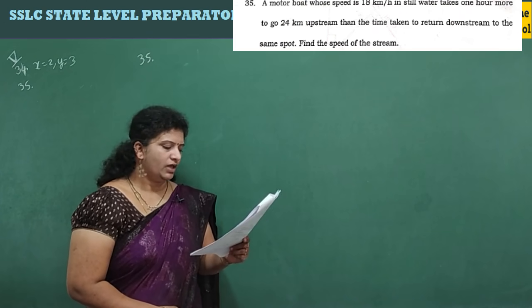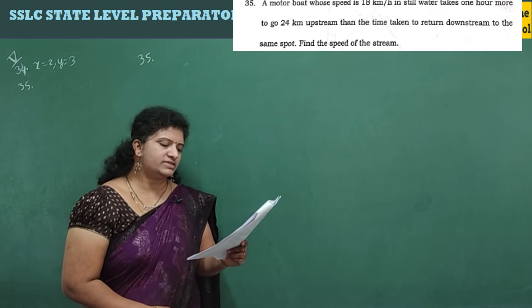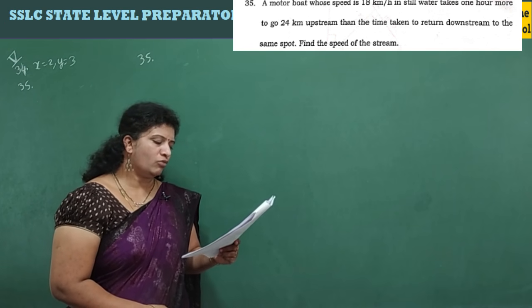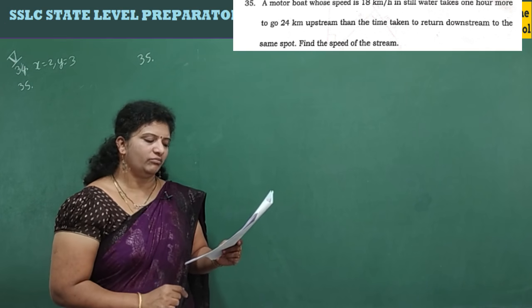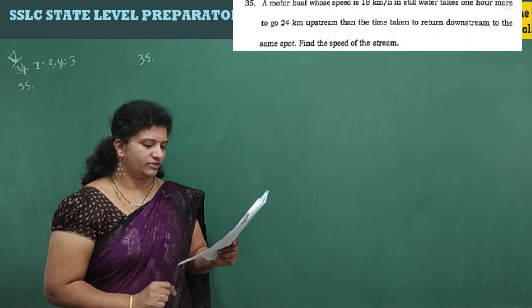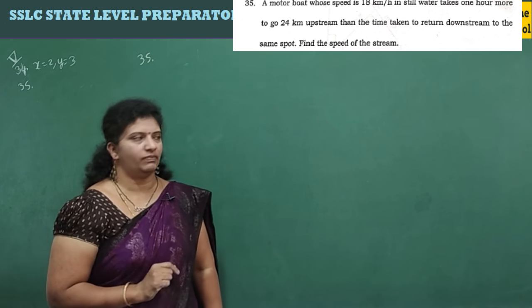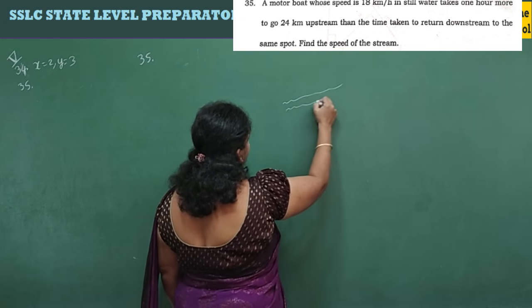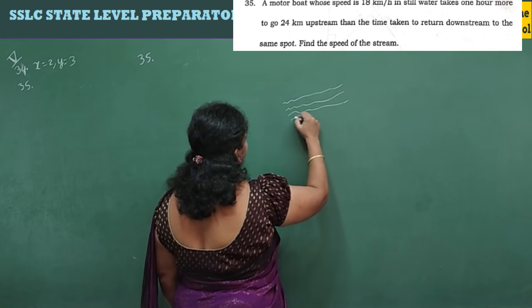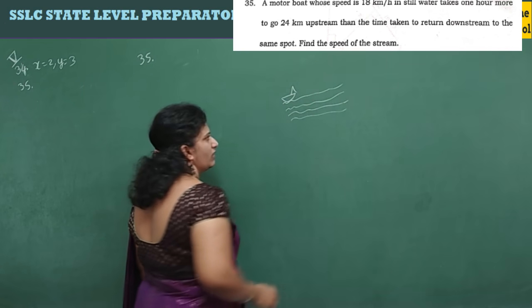35th problem. A motorboat whose speed is 18 kilometers per hour in still water takes 1 hour more to go 24 kilometers upstream than the time taken to return downstream to the same spot. Find the speed of the stream. Okay, let us imagine water here, upstream, and let us imagine a motorboat.